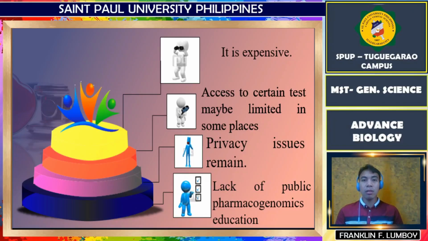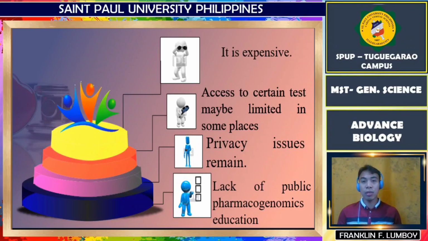One obstacle is cost, which is also a disadvantage of pharmacogenomics. Despite advances in genetic sequencing technology making genome analysis cheaper and easier, genetic analysis tests can still be quite expensive, and insurance companies are hesitant to cover the cost of these tests due to the lack of data on pharmacogenomics cost effectiveness.